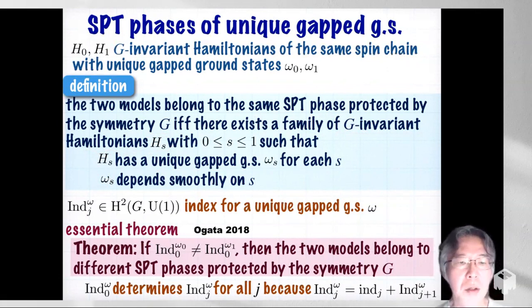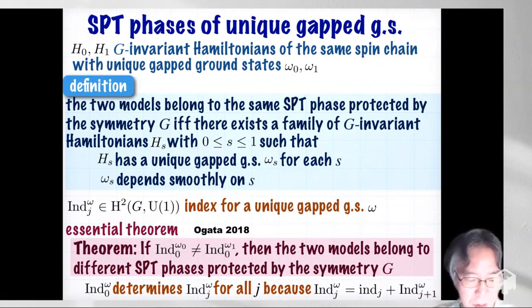Okay. Now, this is a definition, and here comes Ogata, and now we have Ogata index, which is well defined. And here's the essential theorem by Ogata. This is basically a consequence of the topological nature of Ogata index.